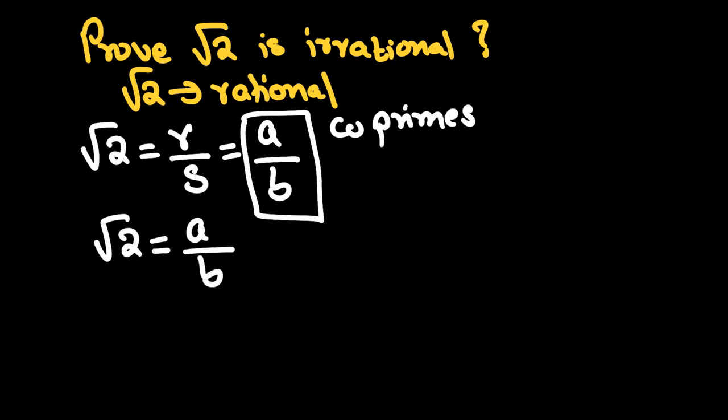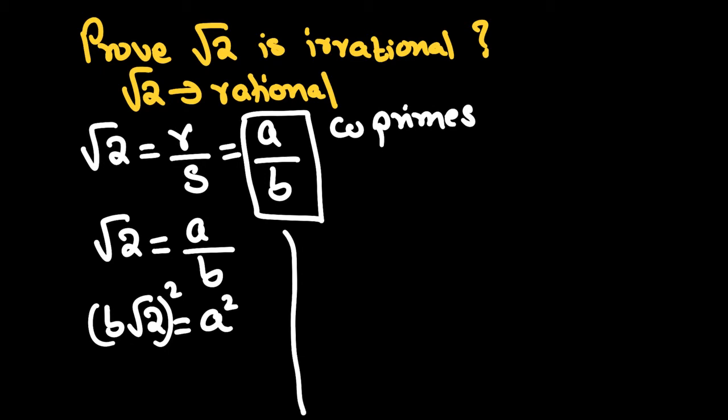We cross multiply. So b root 2 is equal to a. We square both sides and we get b squared times root 2 squared, which is 2, equal to a squared.